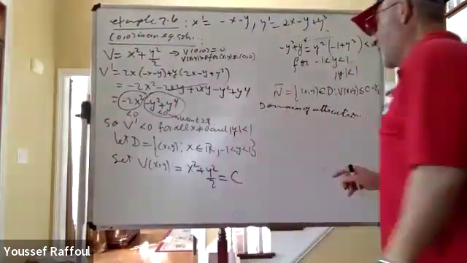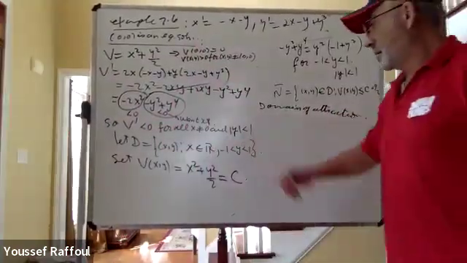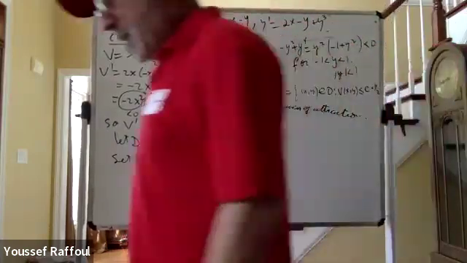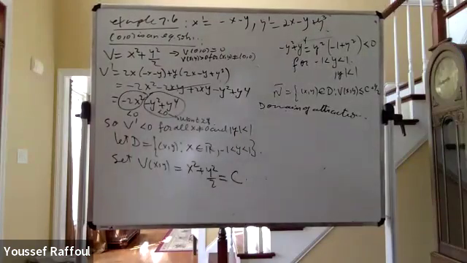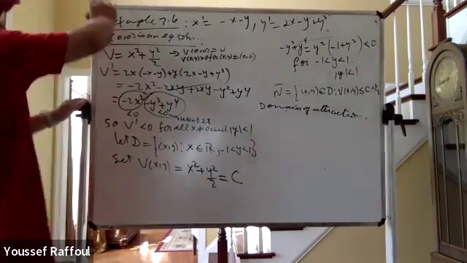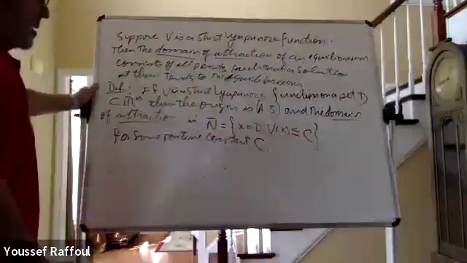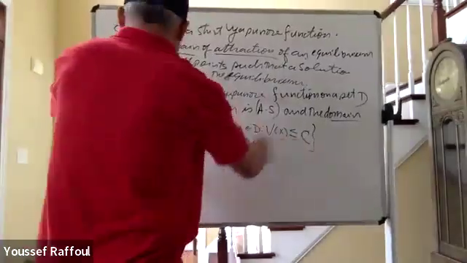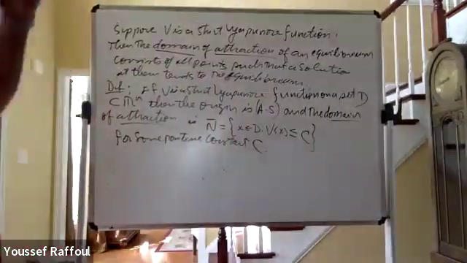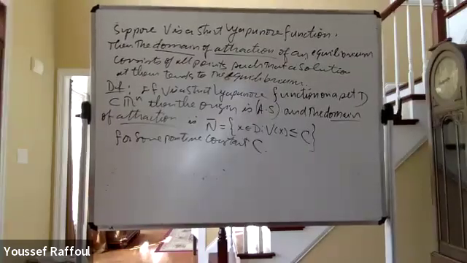Remember what y is. So this is the domain of attraction. And remember the way we defined it here is V(x) less than c, the domain of attraction for some positive constant c.